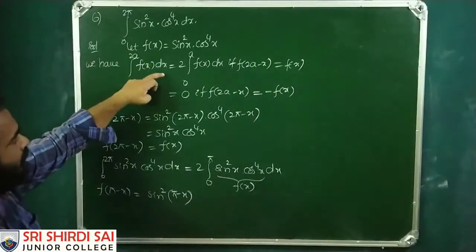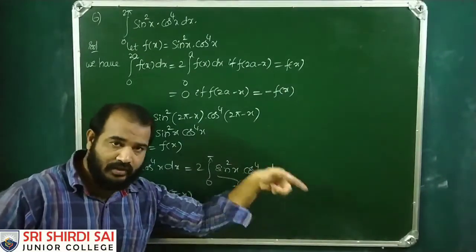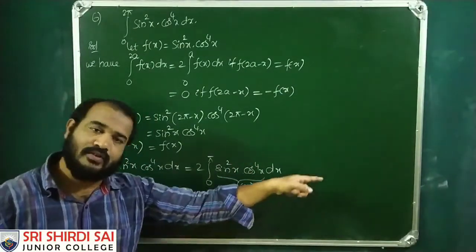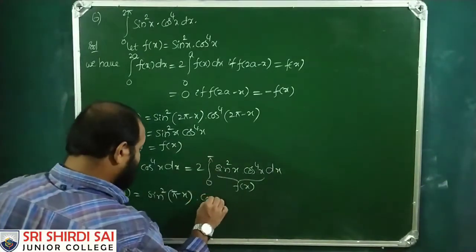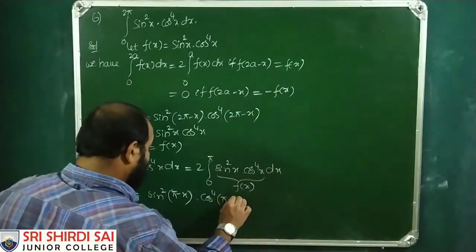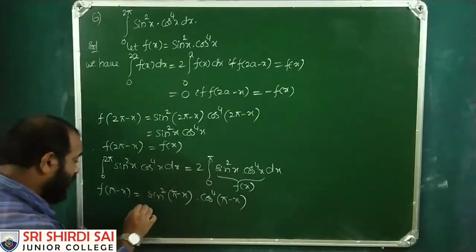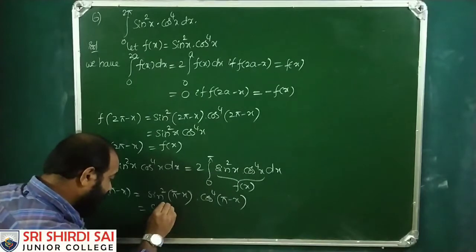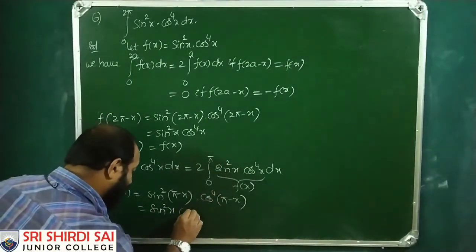Integral 0 to a f of x dx is 2 integral 0 to a by 2 f of x dx if f of a minus x is equal to f of x. That's what I am doing here. Sin square of pi minus x into cos power 4 of pi minus x. So sin 180 minus x is sin x, whole square is sin square x, into cos 180 minus x is minus cos x, whole power 4 is cos power 4x.